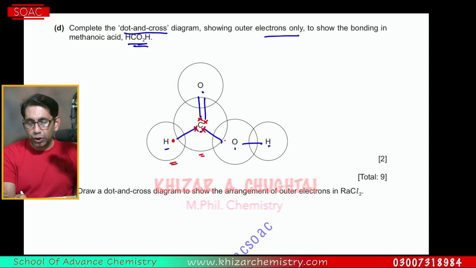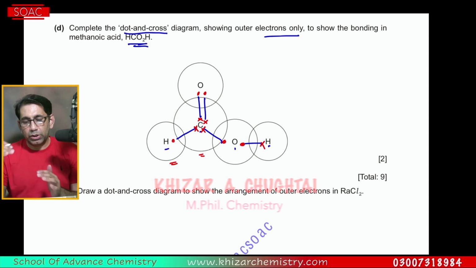For this oxygen, I'm using dots; that is the electrons of oxygen. Again dot and cross for hydrogen in this case, and for this oxygen I'm using dots. So I simply change these lines into dot cross, dot cross, dot cross.